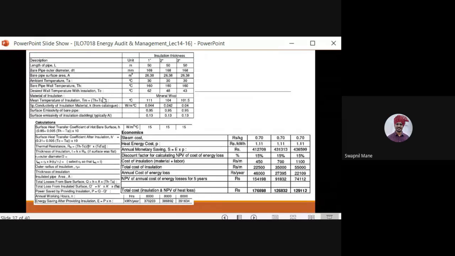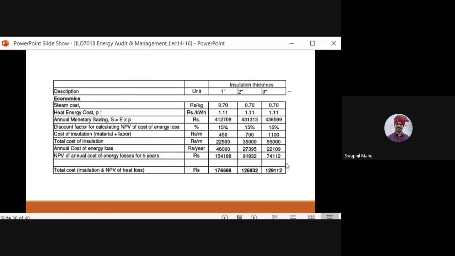This is the basic calculation which we have done. We are not going to discuss it in much detail here. But you see that this particular calculation is done for 1 inch, 2 inch and 3 inch insulation for a same diameter pipe carrying the same temperature. For the economic insulation, the total cost of insulation and the net present value of heat loss is shown here.